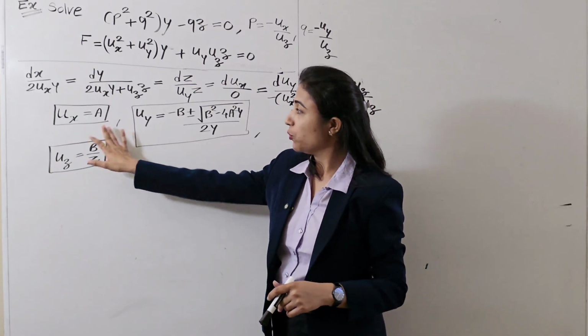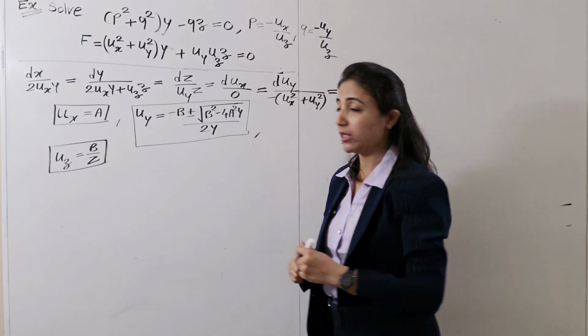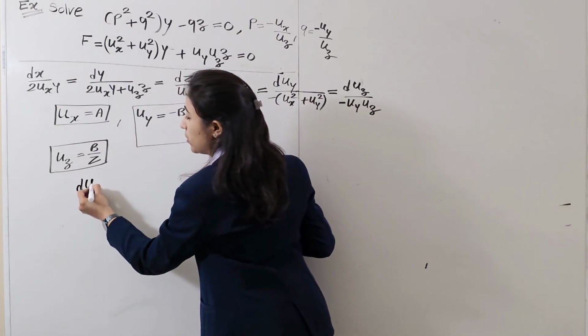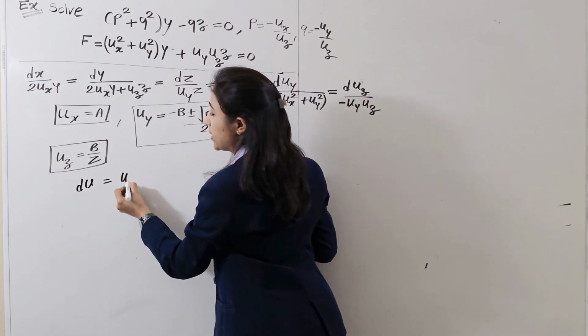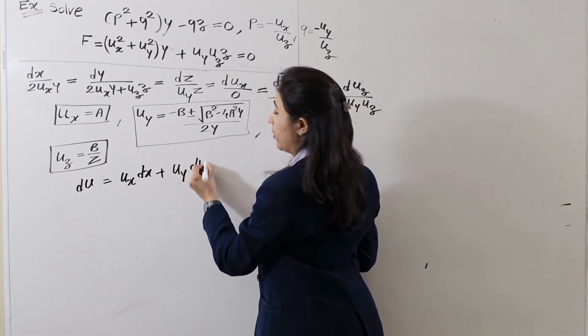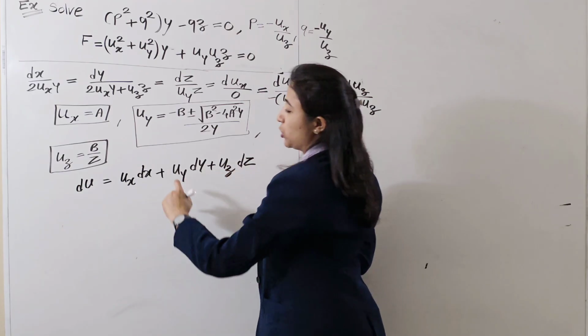Once we get the values of ux, uy, uz, the next step is the final solution of the differential equation. The final solution is du equal to ux dx plus uy dy plus uz dz. Now put the values of ux, uy, uz.